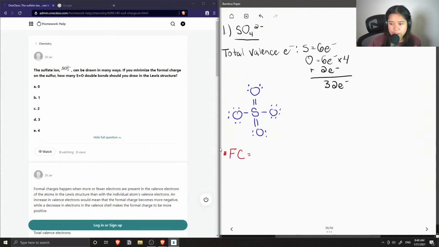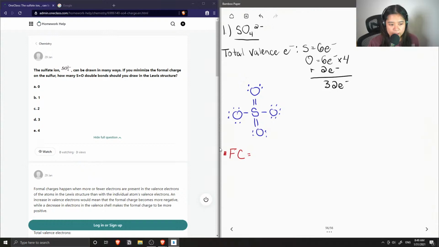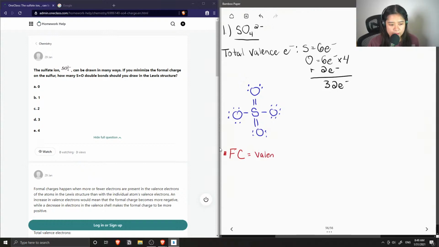So for the formal charge of an ion, it's equal to the number of valence electrons minus the number of non-bonding electrons minus the number of bonding electrons divided by 2.